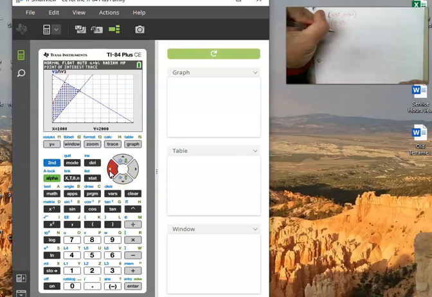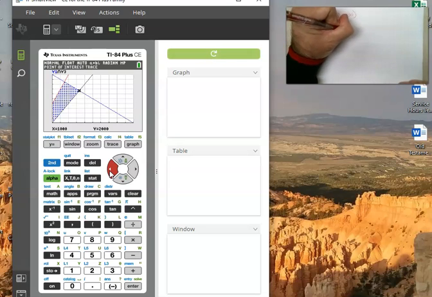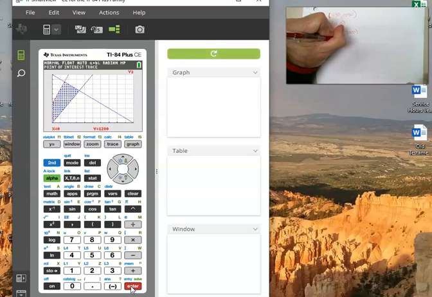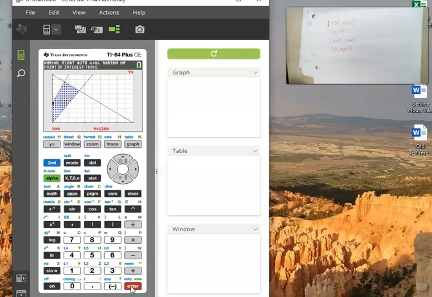That one right there, it says it's at 1,000, 2,000, and we have the last one that's right here. I'm going to get to that by going trace on the red line and asking it for the 0 point. And it'll give me 0, 1,200. So there are the 4 that we need to plug into our objective function.